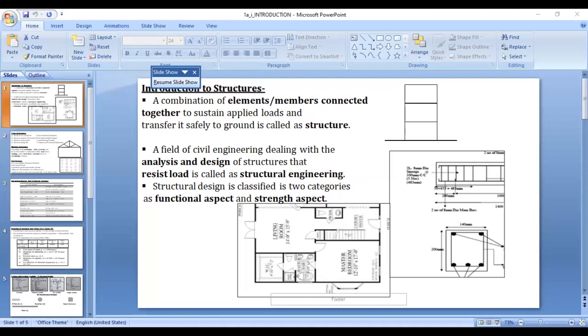Chemical composition: in structural steel, 95 to 98% of the composition is iron, but it also constitutes different elements. First one is carbon.